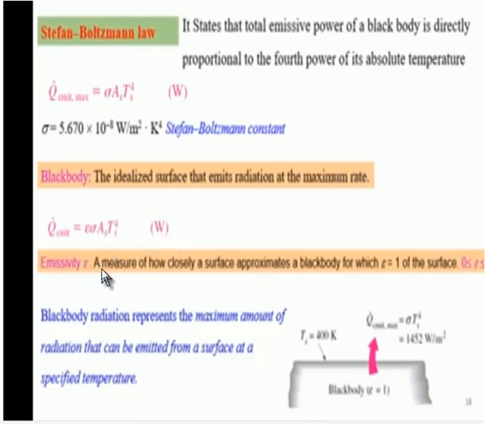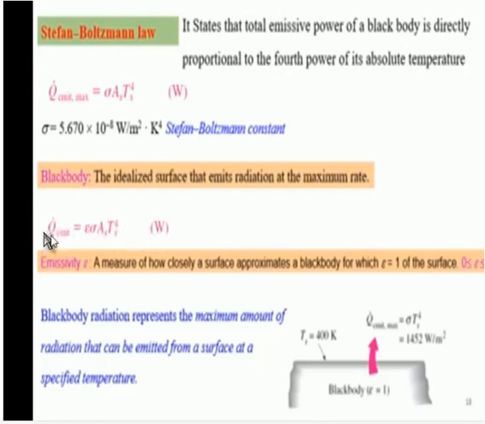Emissivity is a measure of how closely a surface approximates a black body, for which emissivity is equal to 1. For a real surface, emissivity lies between 0 and 1. So Q radiation is equal to emissivity into sigma into As into T raised to 4.